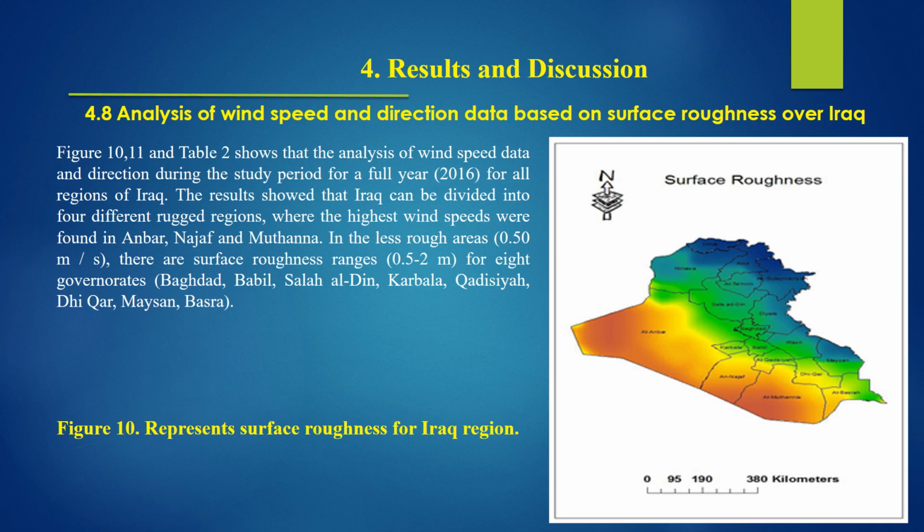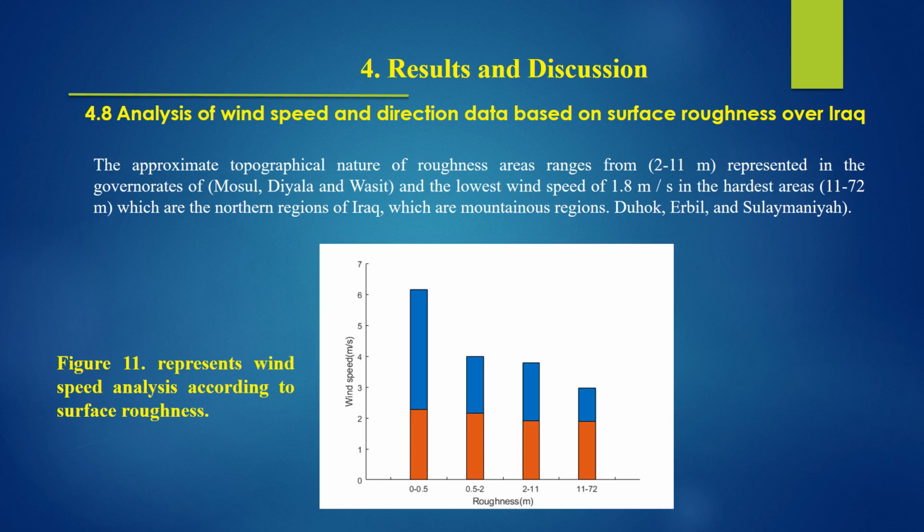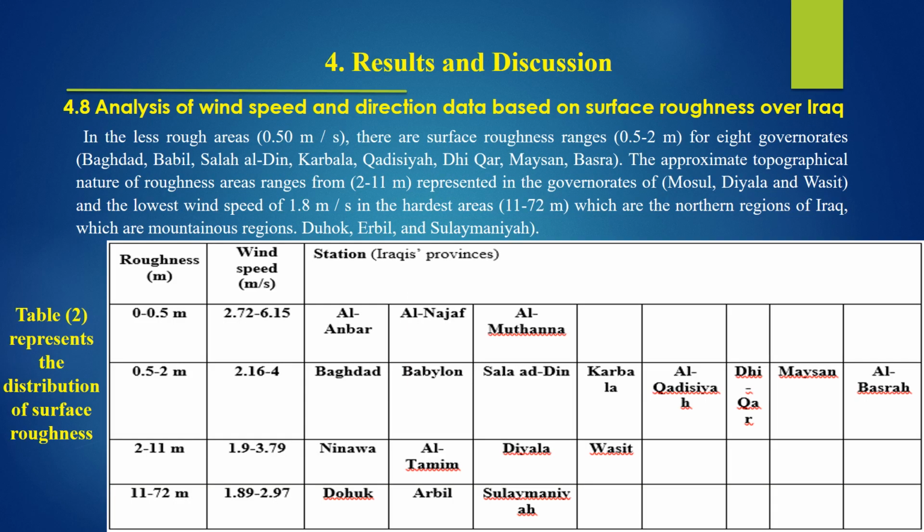The first region has a surface roughness range from 0 to 0.5 meter. We can divide the Iraq region into 4 roughness surfaces.